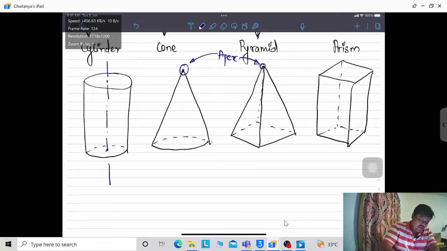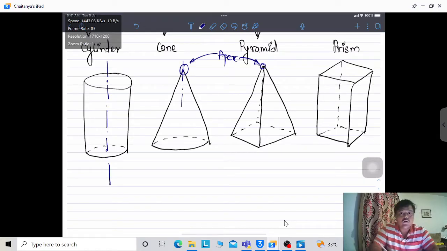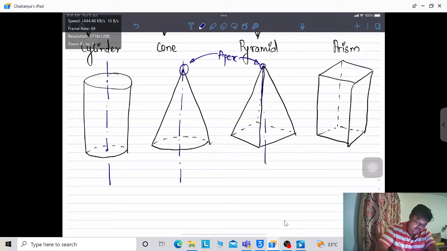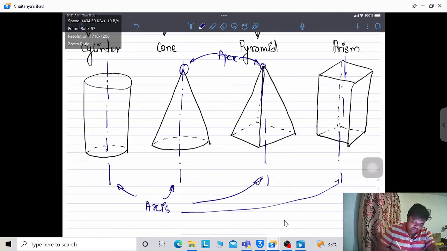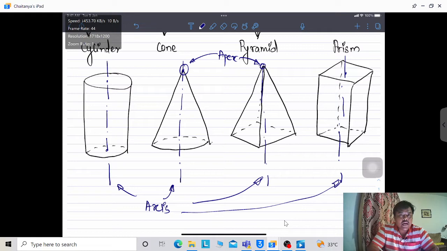The line passing from the apex to the center is called the axis. So you must know the axis height, the actual height of the solid.